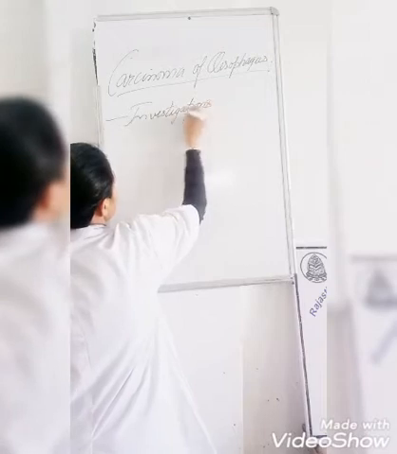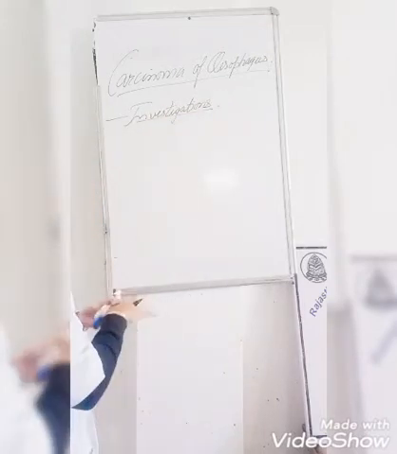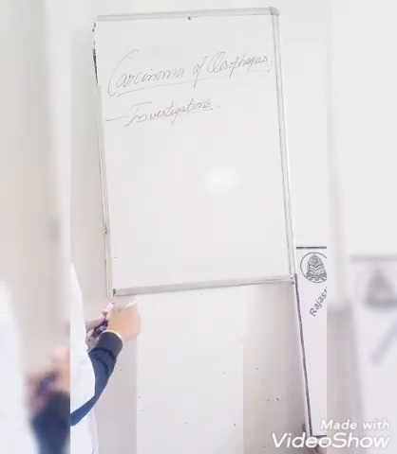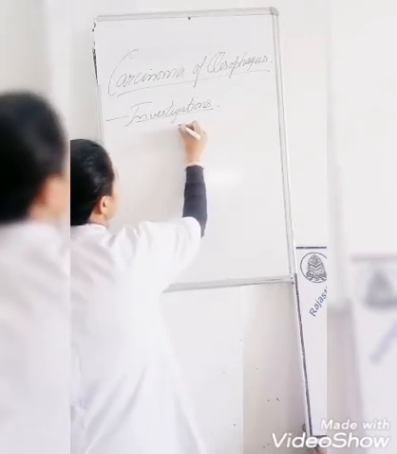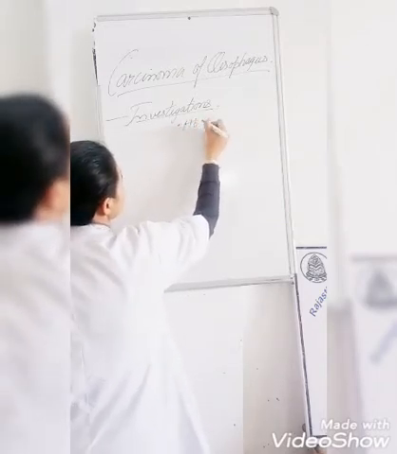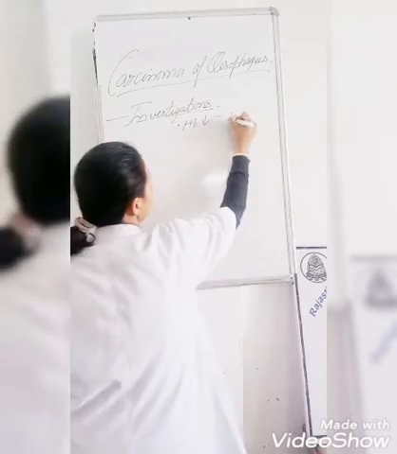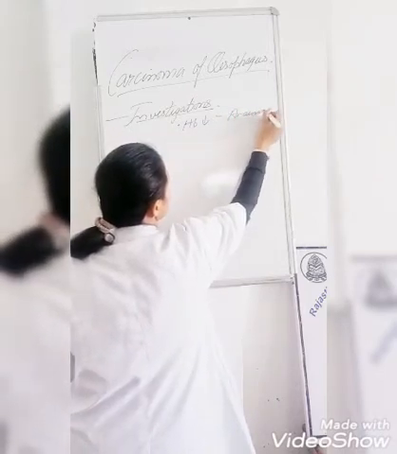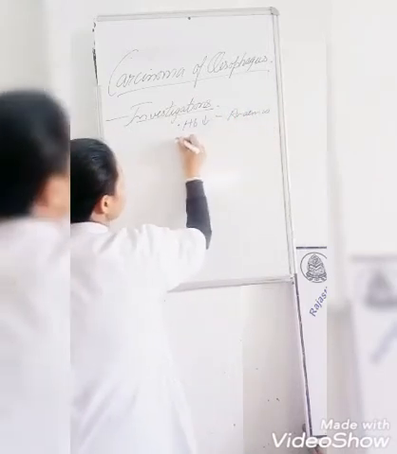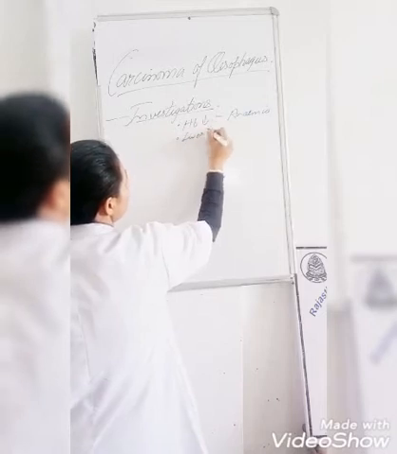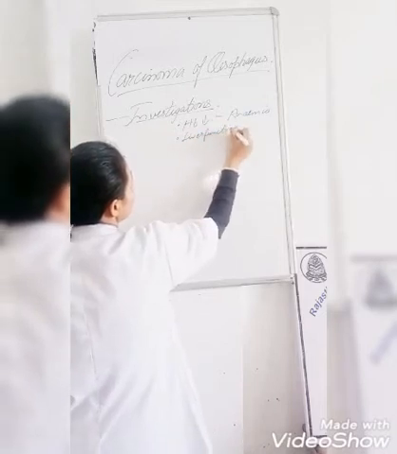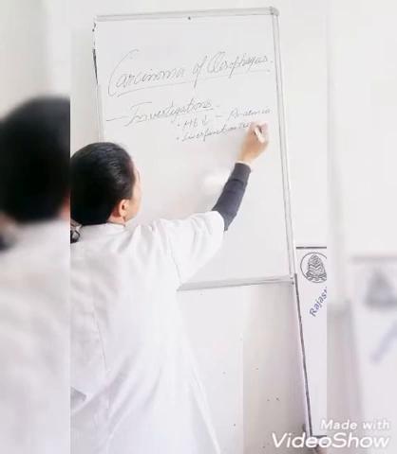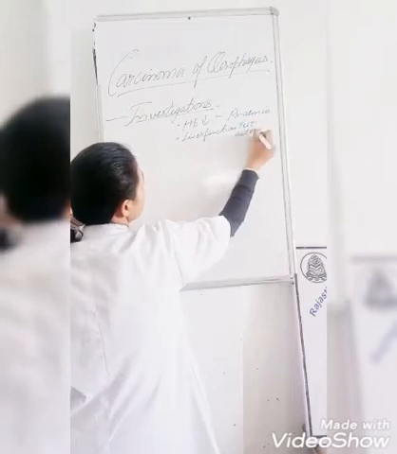So investigations are: there is low Hb because of anemia. Then liver function tests are altered. Why?